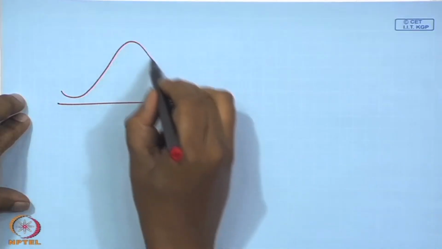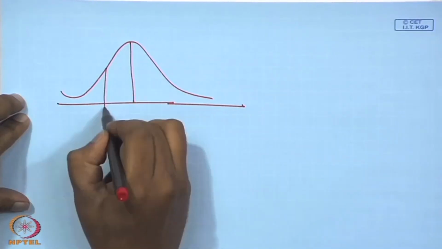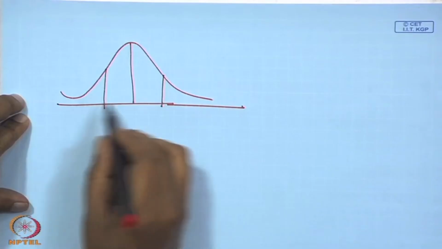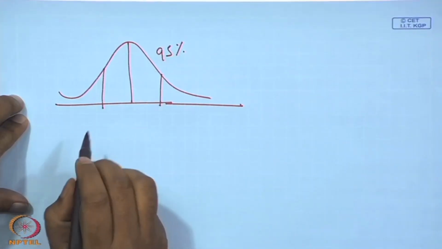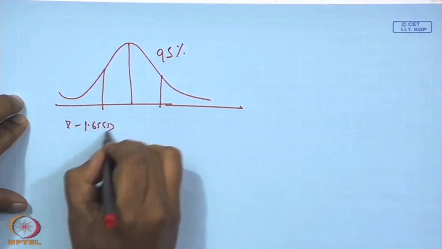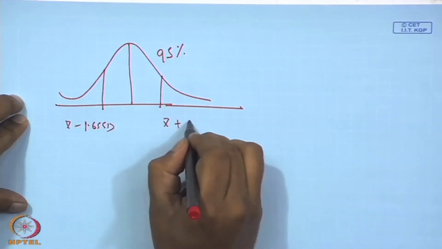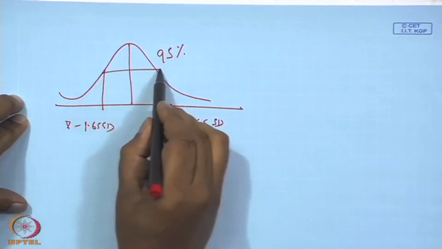Similarly, suppose I have a confidence of around 95%. With 95% confidence, I have x bar minus 1.65 standard deviation and x bar plus 1.65 standard deviation, so my area is here.